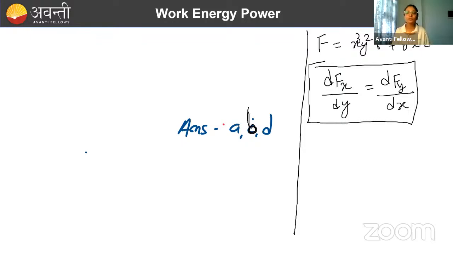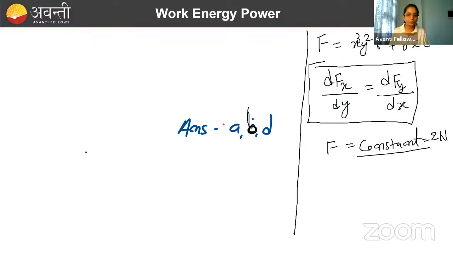If not, this force will be non-conservative, right? And if force is constant, say 2 Newton, then its differentiation with respect to x or with respect to y is going to be 0.